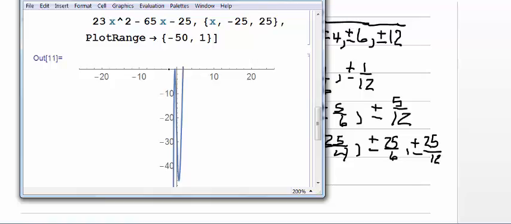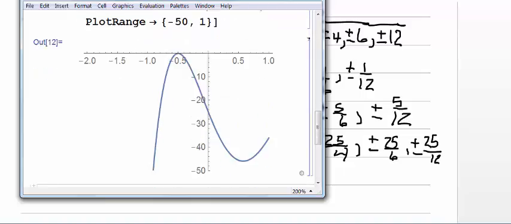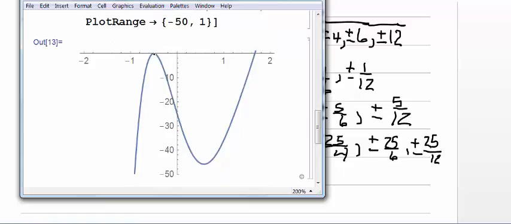And what I'm going to do is change the range on my x, and I can see these zeros occur between negative 2 and 2. And this allows me to see that I've got a 0 between negative 1 and 0 and between 1 and 2.